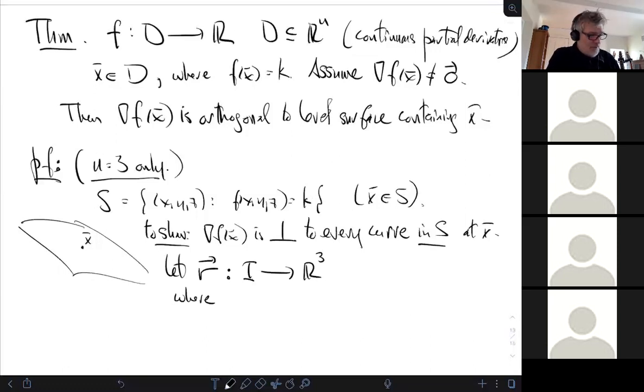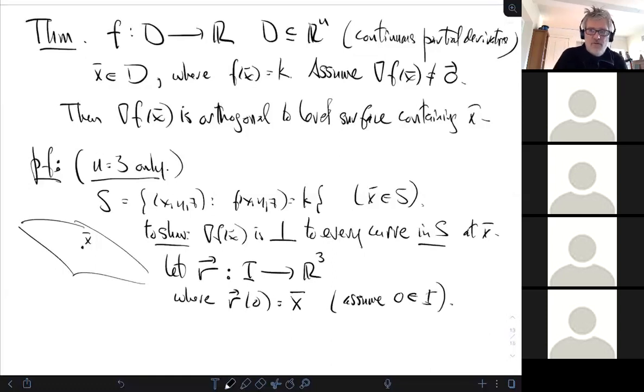So there would be a point in the interval, some time, where r at that time gives you x bar. Let's just assume that it is 0, so where r of 0 equals x bar. So assume that 0 is in your time interval. You can just change the values of your interval. It makes no difference.